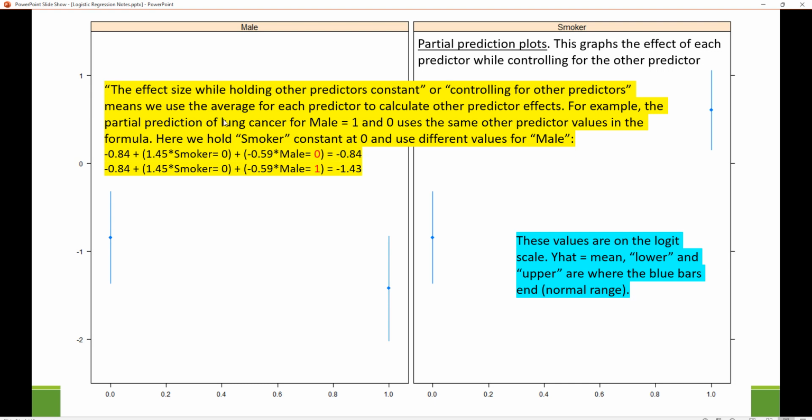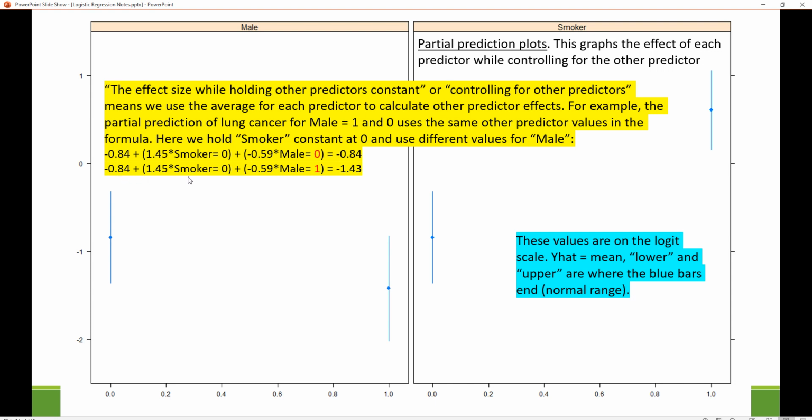For example, the partial prediction of lung cancer for male equals 1, and 0 uses the same predictor values in the formula. Here we hold smoker constant at 0 and use different values for male. So in that formula it uses those logits of negative 0.84 plus 1.45, which is the effect size, times smoker equals 0.